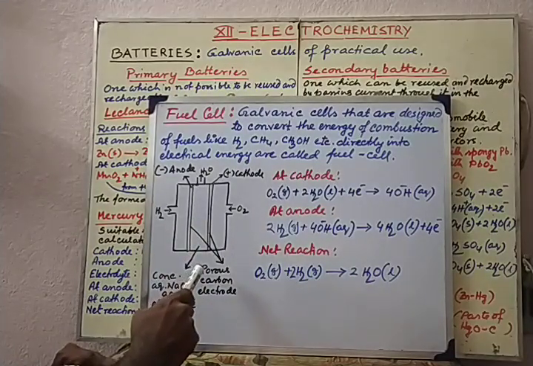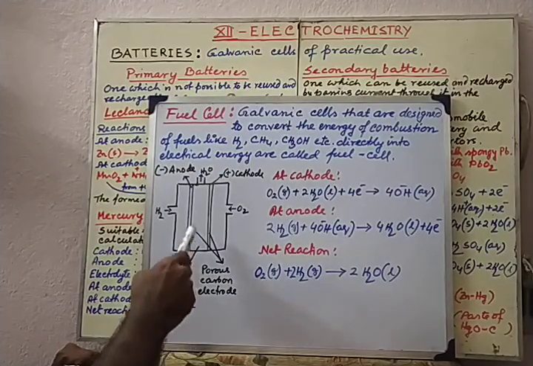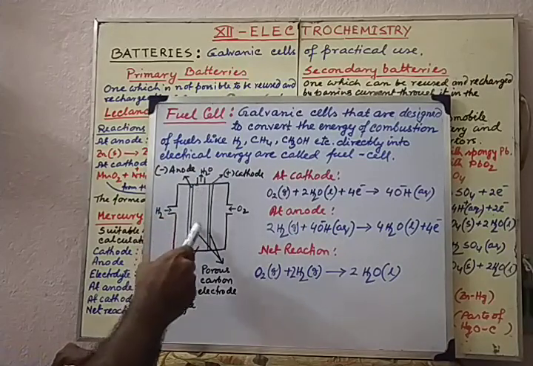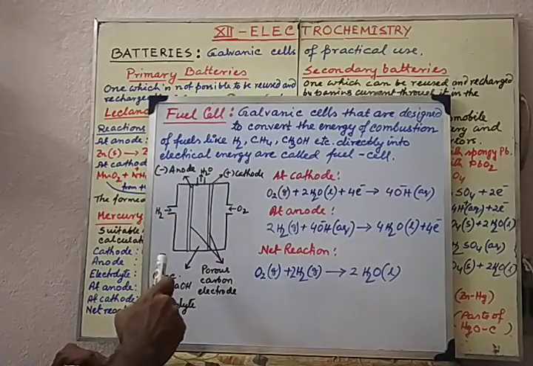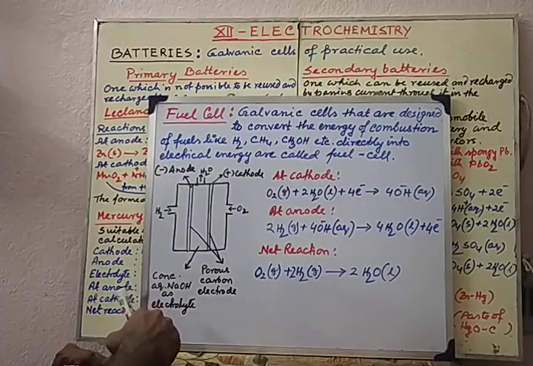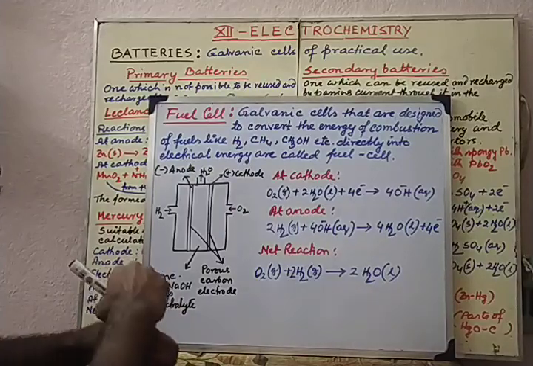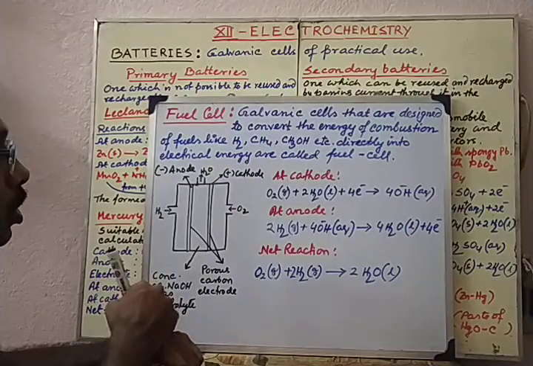Now you find that the H+ ion and the OH- ion combine to form water. The water vapor formed here can be condensed and used as liquid water, and by adding minerals this can be used for drinking purposes, as it was used in the Apollo space program.